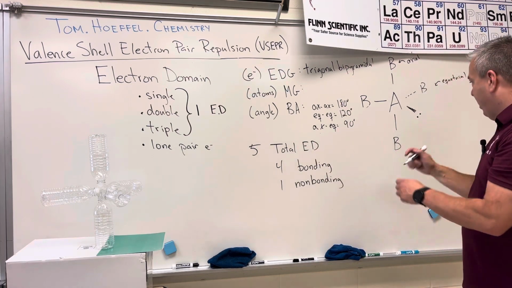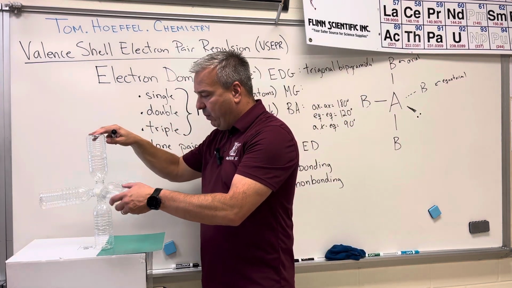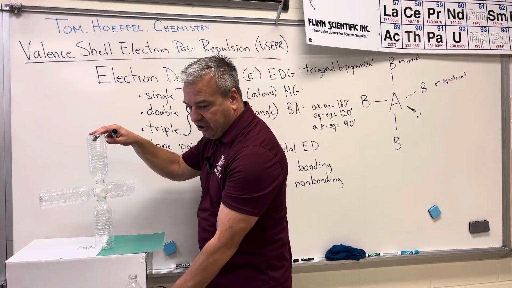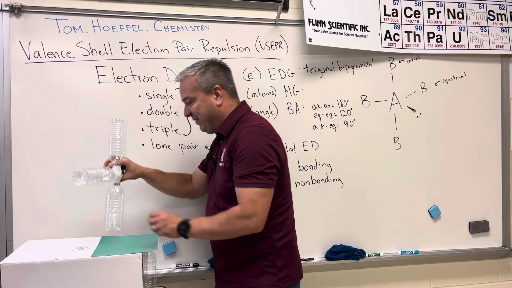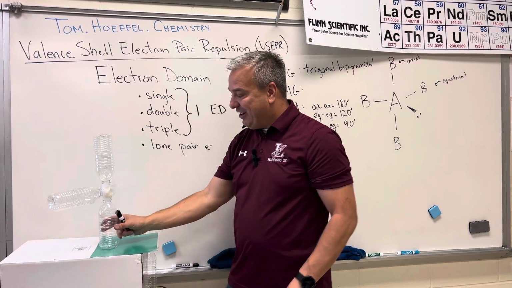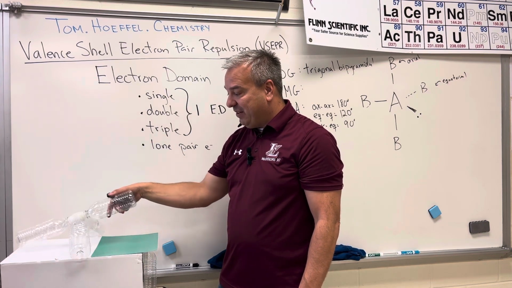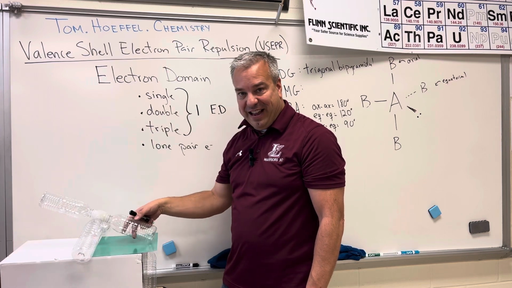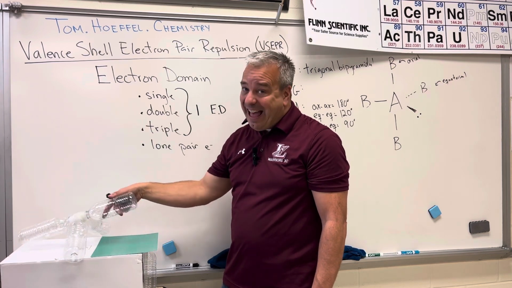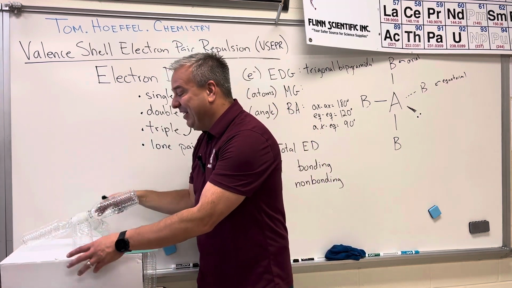So I'm going to take it off the wedge, and we're going to talk about the shape that this guy makes. And as you can see, it falls over, which is a good thing because I could hold this up, but it's easier to see the shape when it falls down. If you look here, it looks like a seesaw, and believe it or not, that indeed is the name of this shape. It's called seesaw.